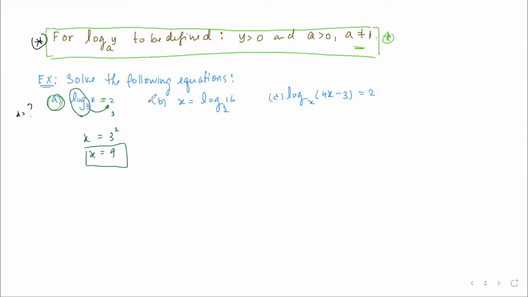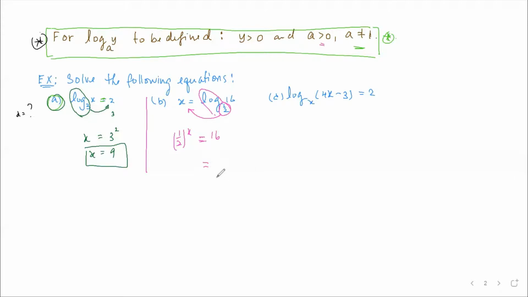Okay, now the next one. Question B. So here, move to this side. So it becomes 10 to the power 2x, the whole thing with power x, and the whole thing has moved already, so this side is left with 16. So for this one you use the exponent.